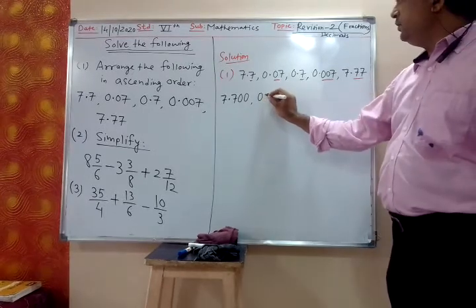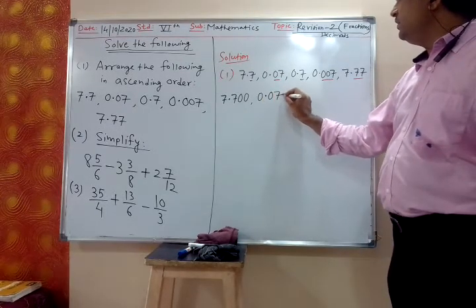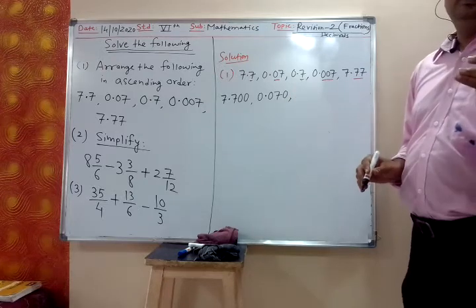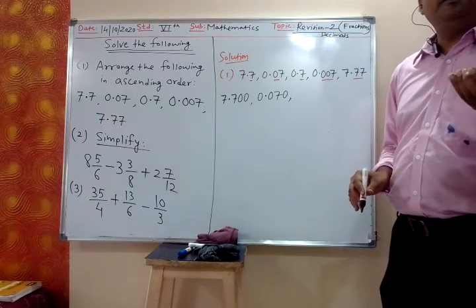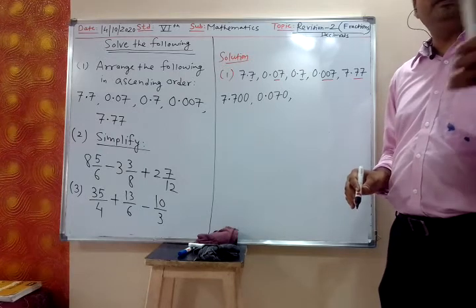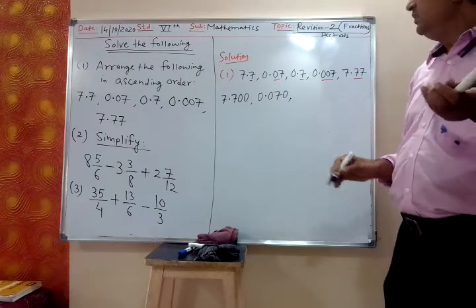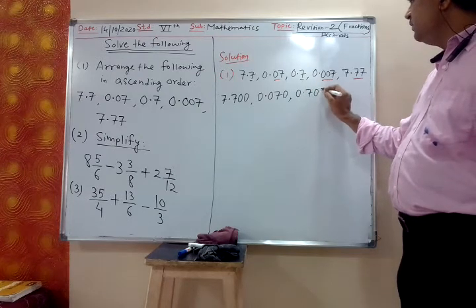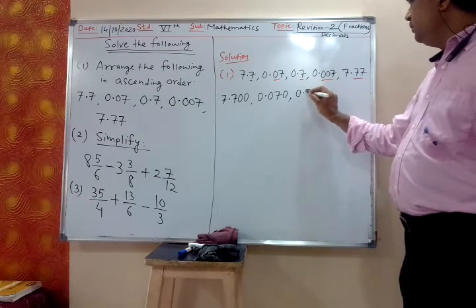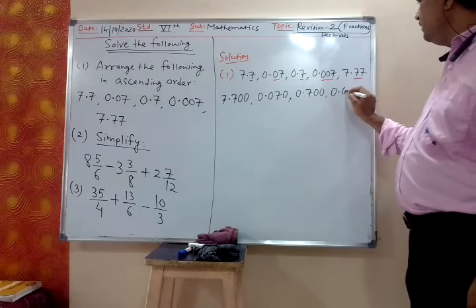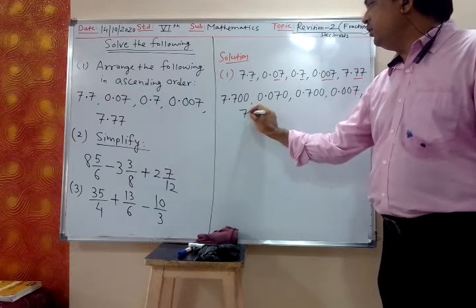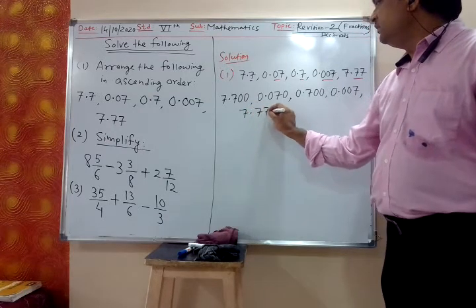Then 0.07 we write as 0.070. Then 0.7 I will write as 0.700. Then 0.007 stays. Then 7.77 I will write as 7.770.